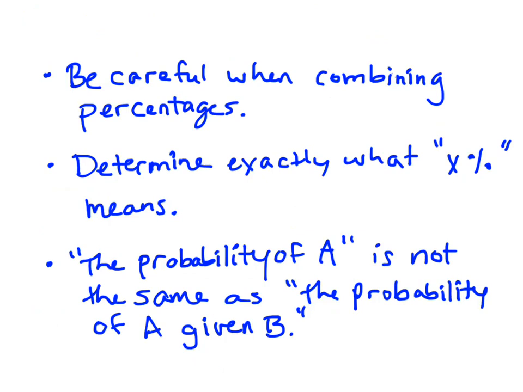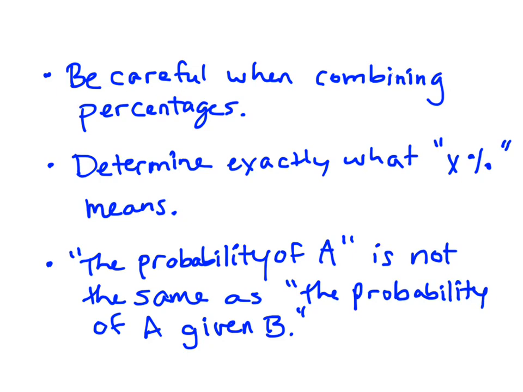So when you're interpreting percentages and accuracy in situations like this, there are a few more in your textbook reading, for instance, with drug testing, or looking at numbers that are reported in politics. Just some tips to keep in mind. Be careful when combining percentages. Just because you know the percentages for one category of people and for another category doesn't mean that you know what's happening when you look at the group as a whole.